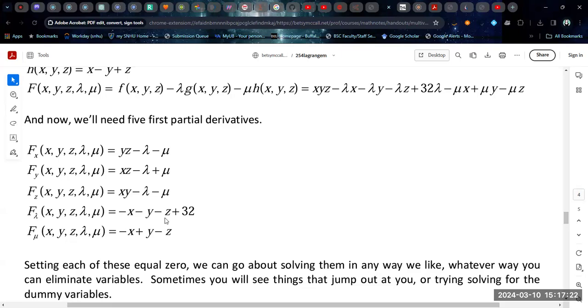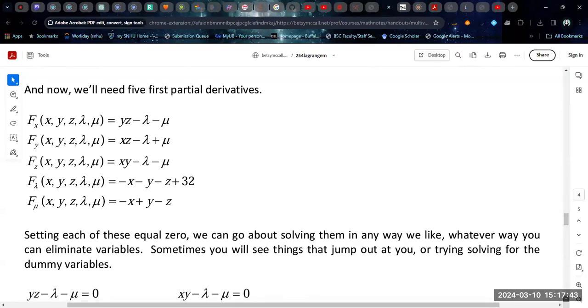Our derivative for lambda, again, it's just these terms right here without the lambda. And then our derivative for mu, again, it's these terms without the mu. It's just these 2 are our initial constraints. The negative of them in this case, but equal to.